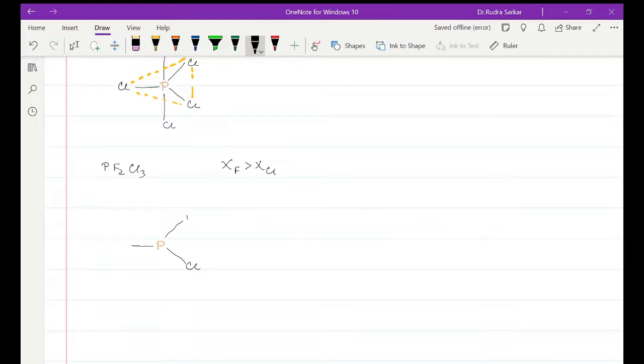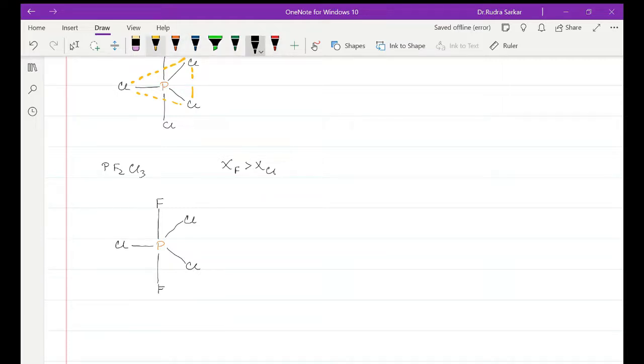So it will go in the equatorial plane, and the fluorine will be placed in the axial bonds, which have less s character.